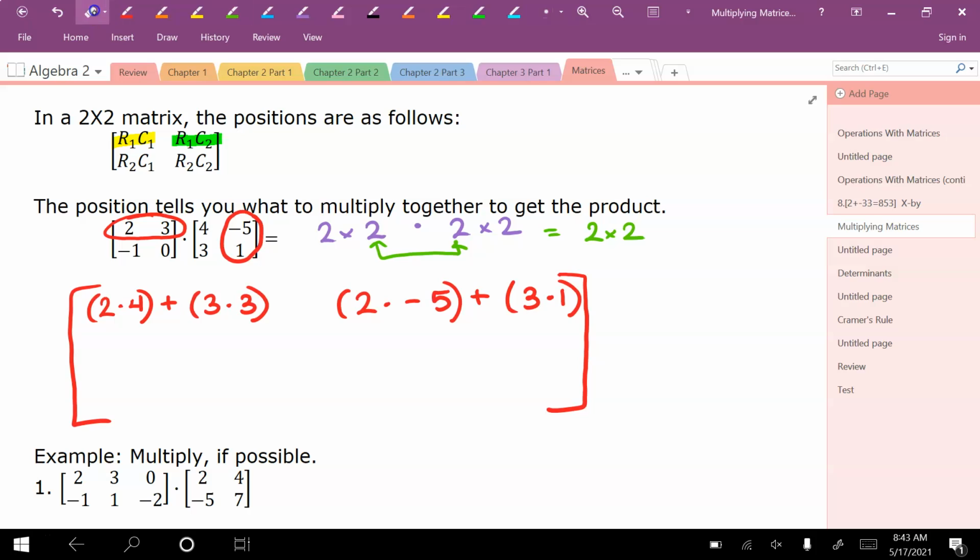So after I've done that first row, 2, 3, times all the columns in the second matrix, now I have to move on to the bottom row. So I move on to this -1, 0, and I follow the same pattern. I take it times that first column again, so it's going to be -1 times 4 plus 0 times 3.